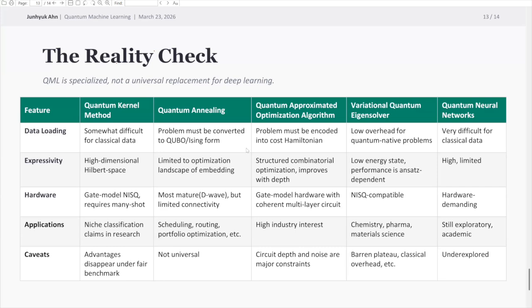So this field is still exploratory, and there has to be much more speedup to compare directly with modern GPUs. But if we find a good enough problem set to apply quantum neural networks, we can use them to solve key essential problems for quantum circuits.